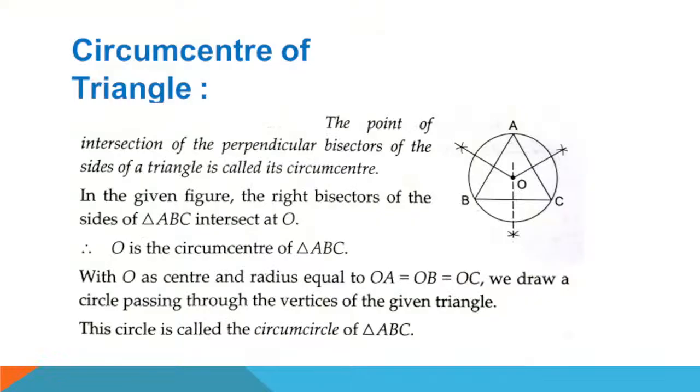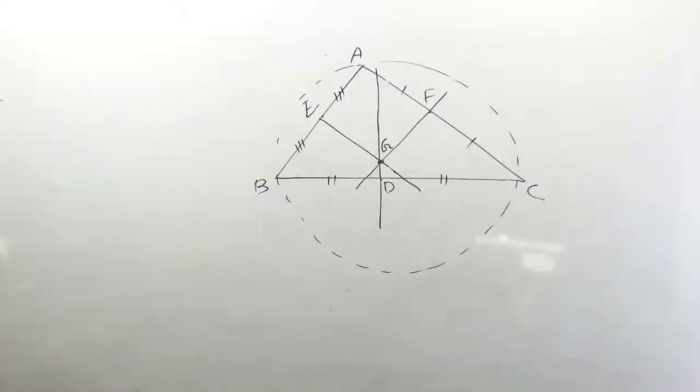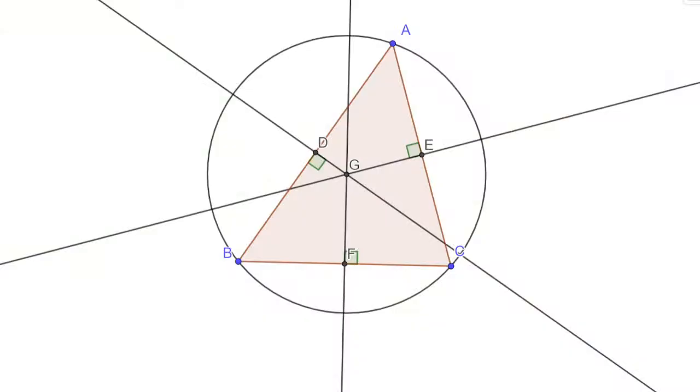Okay, this is the ABC triangle, and this circle is the circumcircle.